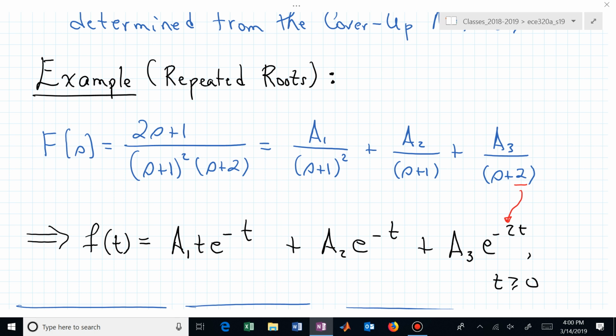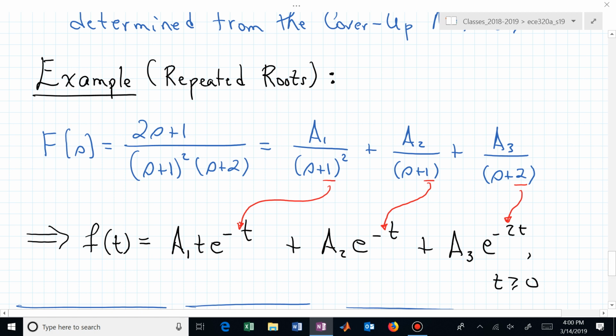The 1 right here, you can't see it, but it's minus 1t, and 1 we typically don't write, so we just say e to the minus t, but that 1 right there is the mode associated with that term, a sub 2 over s plus 1. The repeated pieces get a little bit more interesting. This 1, again, gives us a minus 1 right there.